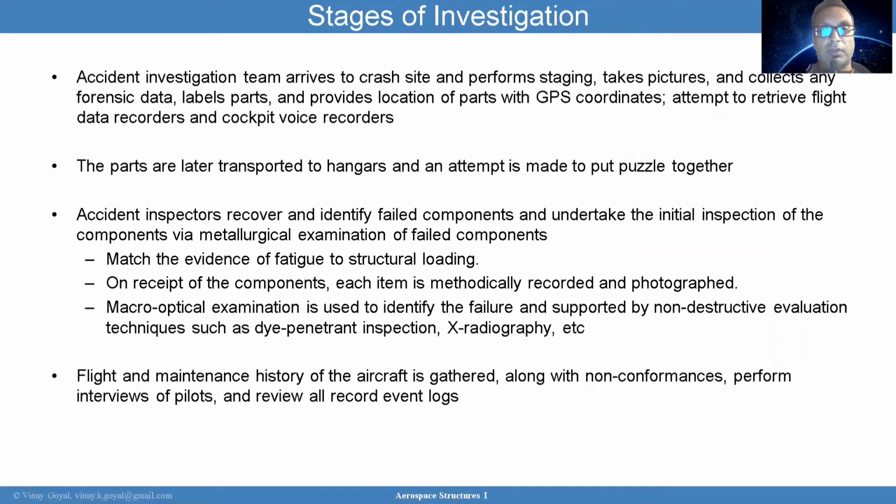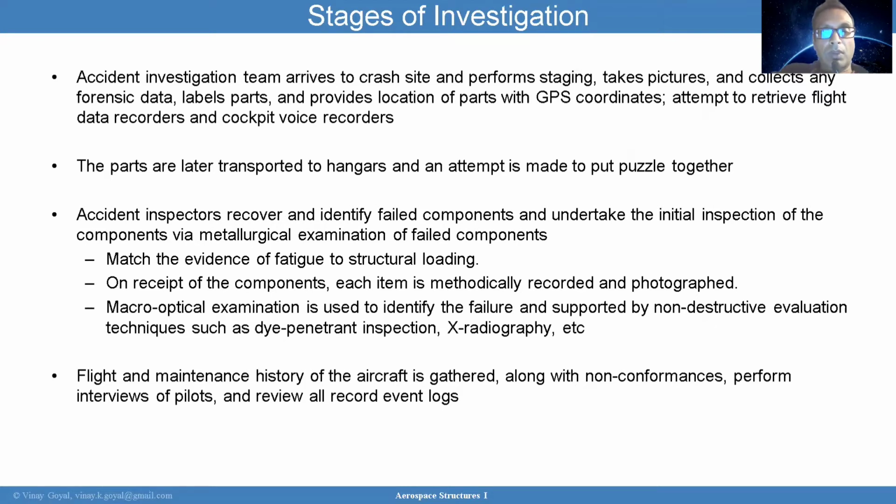So, what are the things that we need to do in an investigation? The timeline of events can play a critical role in ensuring that we have a good understanding of what may have transpired in terms of telemetry. Typically, an accident investigation team arrives at the crash site and performs staging, takes pictures, and collects any forensic data.